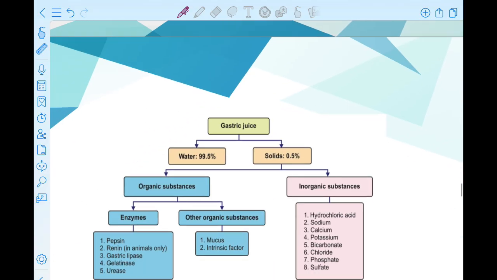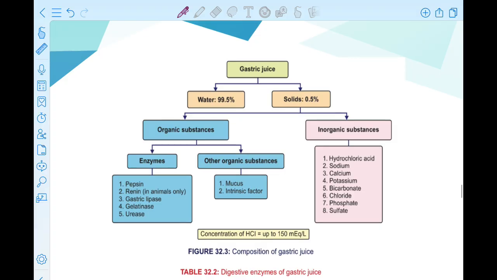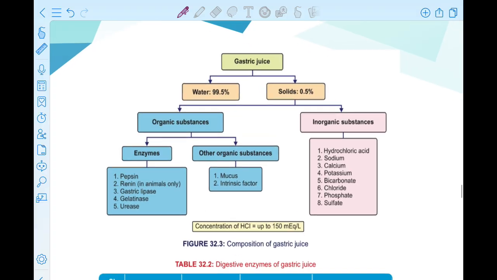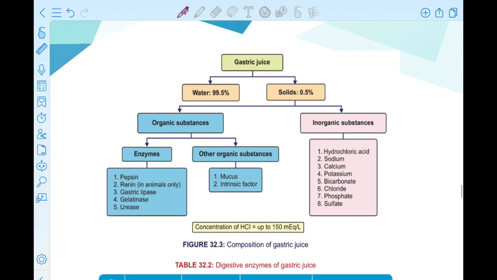Okay. Composition is made up of water, 99.5 percent, and 0.5 percent is solids. And out of the solids, we have organic substances as well as inorganic substances. The organic substances are enzymes and other organic substances. Enzymes are pepsin, renin. It's RENNIN. Okay, that's a spelling mistake given there.